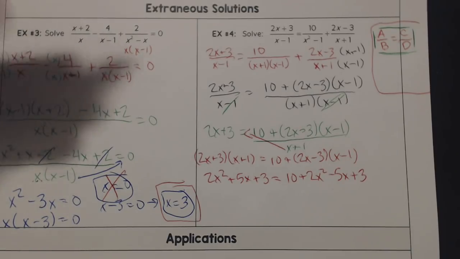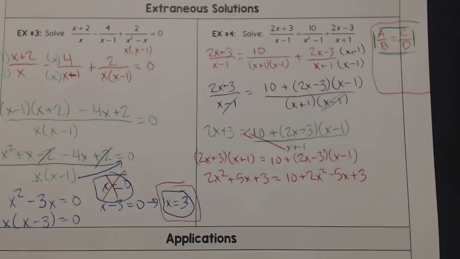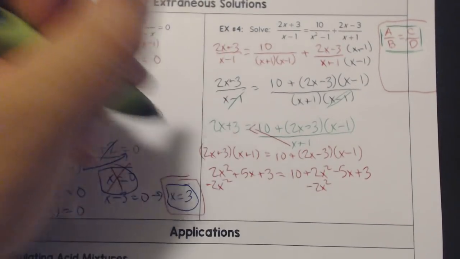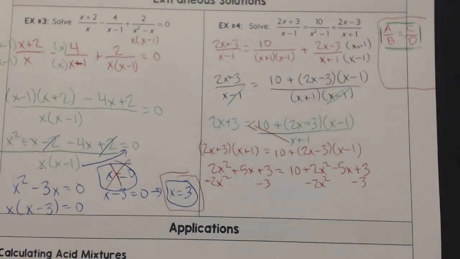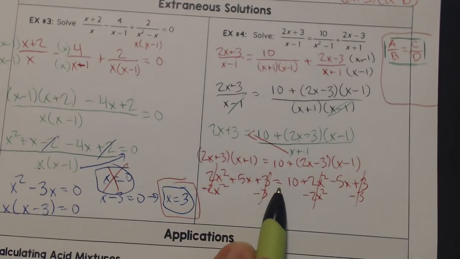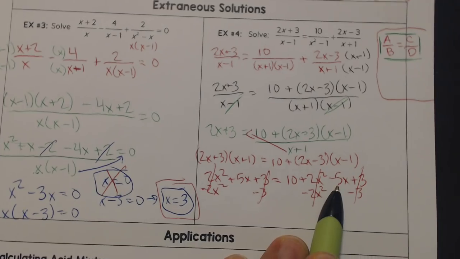We just need to set one side of the equation equal to 0. So I'm going to subtract 2x squared and subtract another 2x squared. I'm going to subtract 3, and what happens here is these cancel out. So I'm left with 5x is equal to 10 minus 5x.